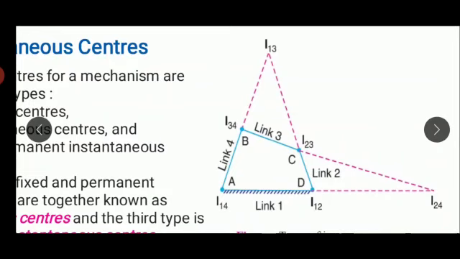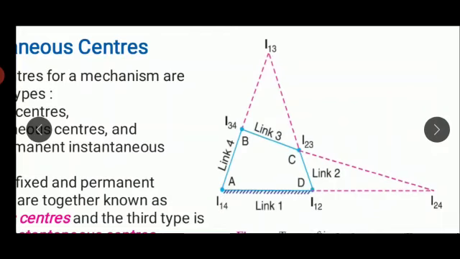These instantaneous centers are permanent on that particular joint, but they are not fixed. So the fixed instantaneous centers are I14 and I12, and the permanent instantaneous centers are I23 and I34.